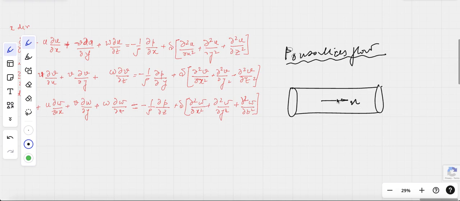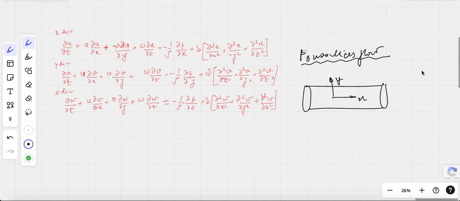This direction we take as x, and this direction we take as y. Okay. Now we will be using polar coordinates, which is a bit difficult to write, but this z is almost the same, right?